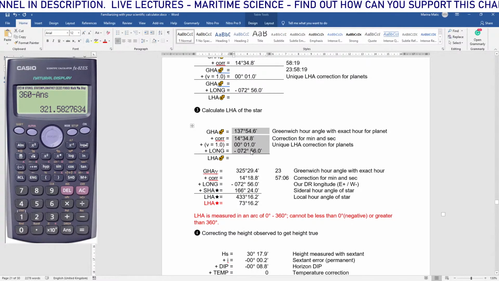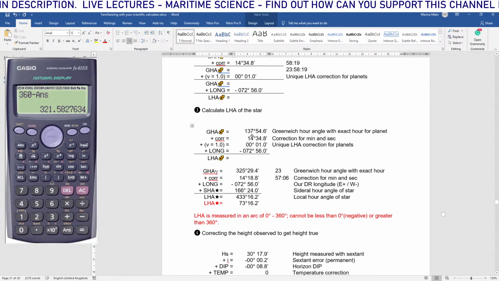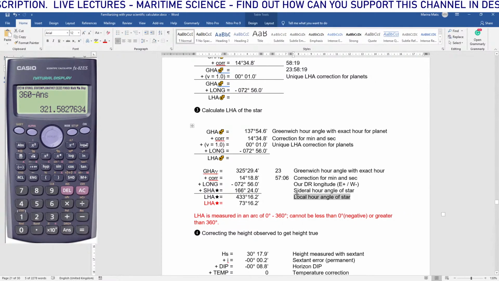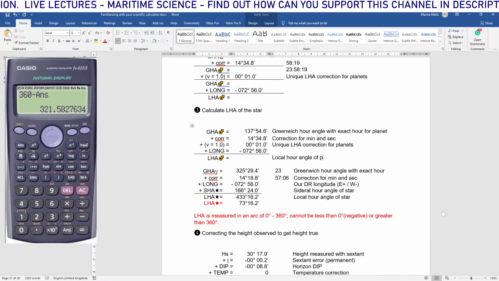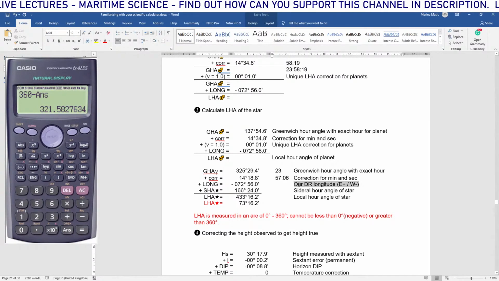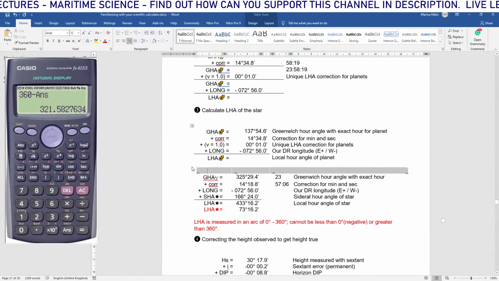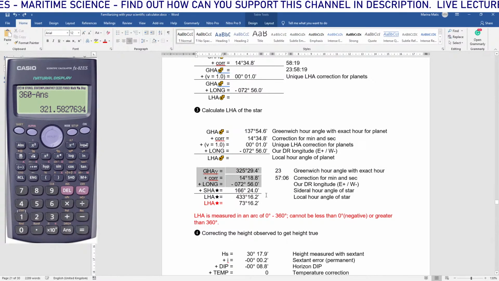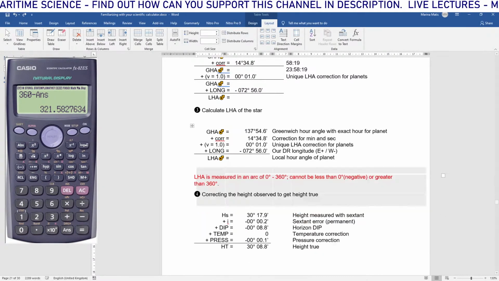Okay, and put this all on the right side. So the correction is this, this is this, and local hour angle of planet Mars, and delete this so it's not new. Delete everything because this was before.